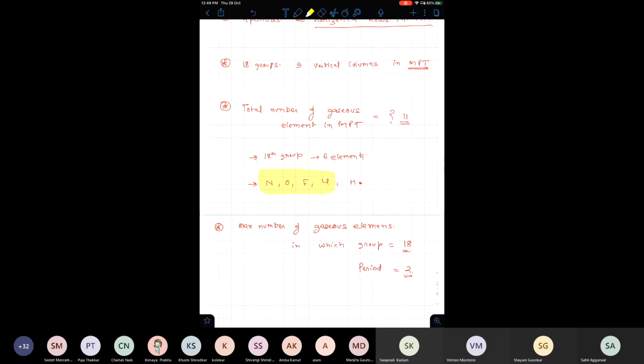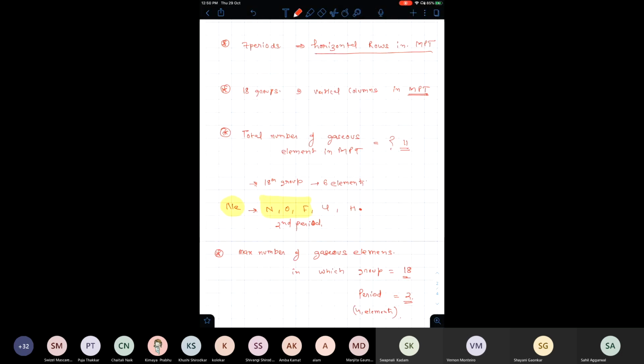All these are second period elements, plus neon. 4 elements. Understood?